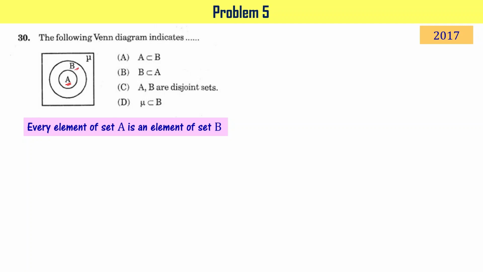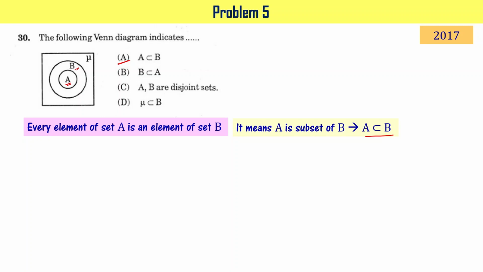Otherwise, I can say that every element of set A is an element of set B, right? It means A is a subset of B. That is mathematically shown as A subset of B. So answer is choice A.